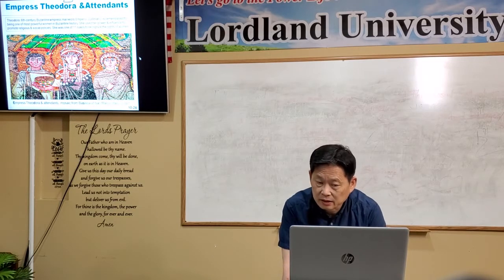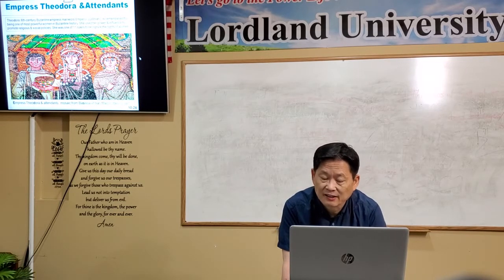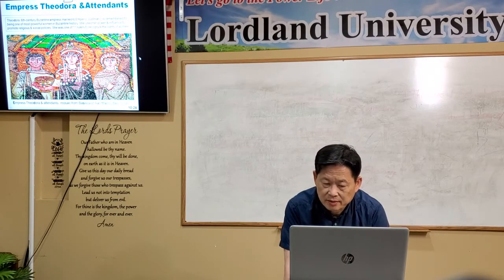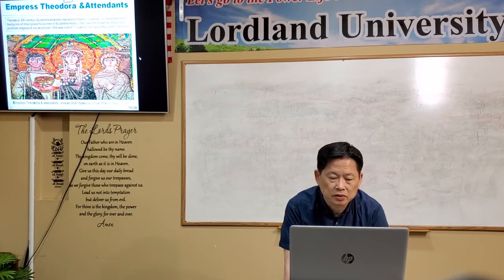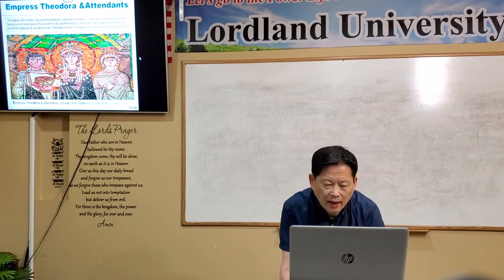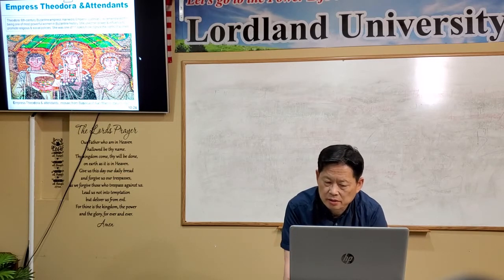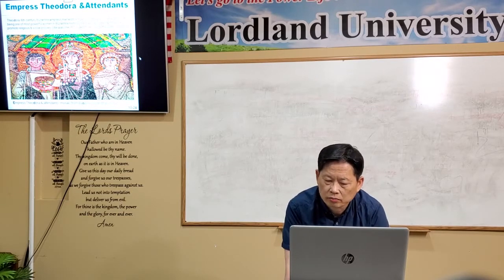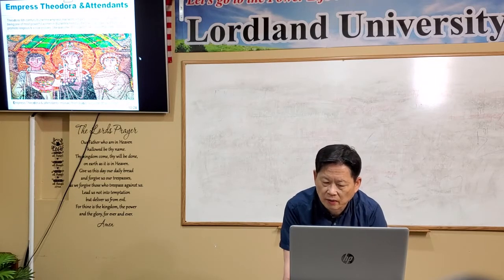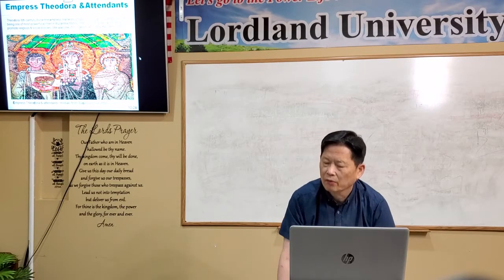She was married to Emperor Justinian I. She used her power and influence to promote religious policies and social policies. Empress Theodora was one of the first rulers to recognize the rights of women.